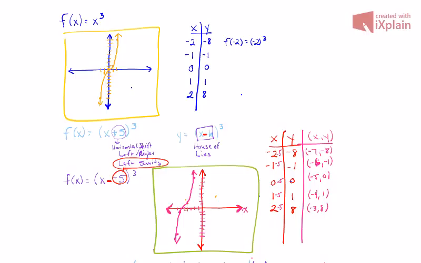If I were to move this back 5 units, do you see that I'm getting back to my original function? That's another way that you can check to see if you moved it to the left 5 units. I hope that this has been helpful.